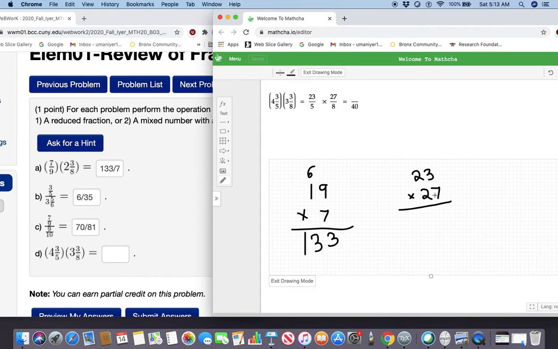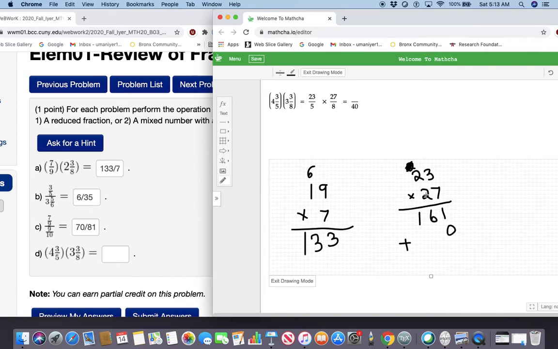First you multiply by the 7, the units place. 7 times 3 is 21. 7 times 2 is 14, plus 2 is 16. Now I'm going to multiply by this 2, but 2 is in the tens place. In other words, I place a 0 there, or an empty space.